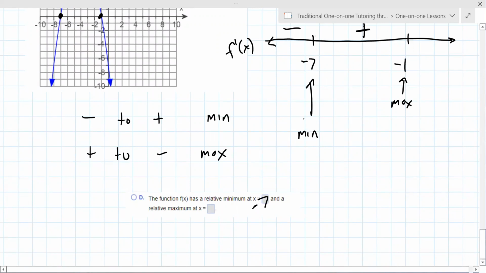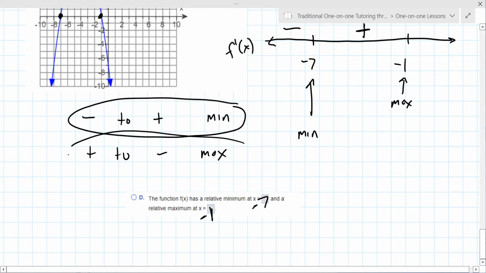We need more information. We can just say that there is a minimum. Okay. And then there's a max at -1. And that all comes from this sign chart here and this understanding of these rules off to the left here.